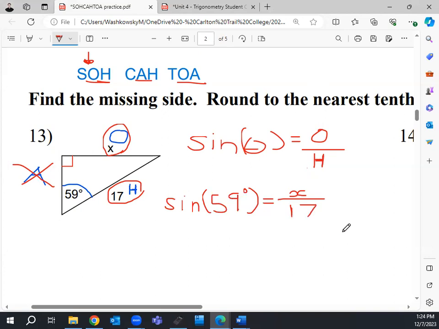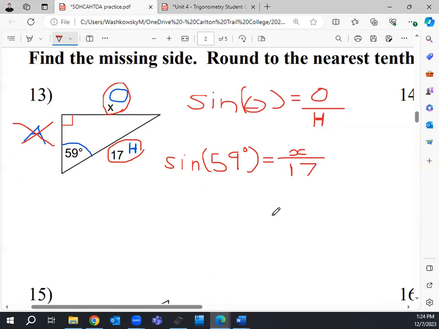So all of a sudden, this has turned into an algebra problem. At the end of the day, what am I trying to find about this triangle? I'm trying to find X. So eventually I want X to be equal to some random number.